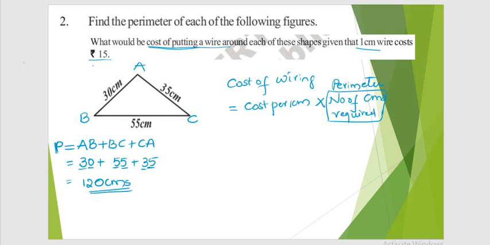So the cost of wiring is the cost per 1 centimeter times the perimeter of the given figure. The cost per 1 centimeter is 15 rupees and the perimeter is 120 centimeters. To multiply 15 by 120, first multiply 15 and 12, which is 180, followed by a 0. This is the amount required to construct the wiring. So the total amount required is 1800 rupees.